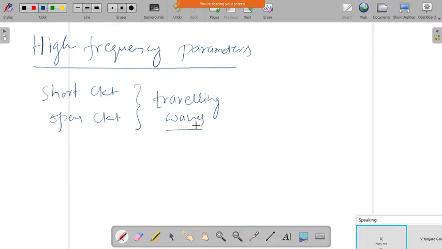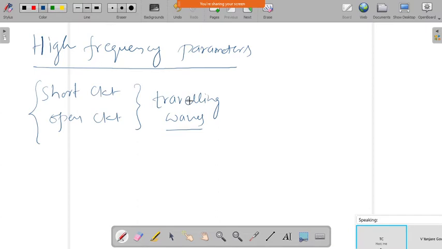What are these traveling waves? The incident wave and the reflected wave. Based on these, we characterize any network using the incident voltage and reflected voltage, and we can even realize the short circuit and open circuit over a broad range of frequencies.